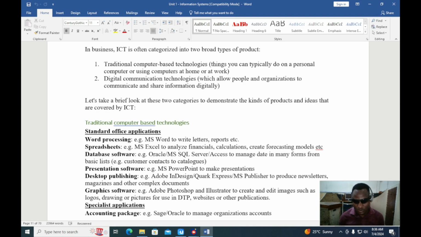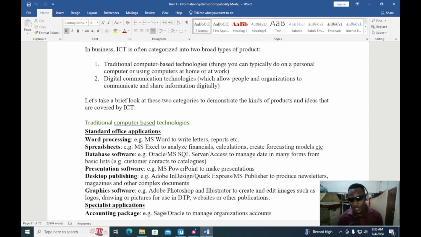Then we have the digital communication technologies, which allow people or organizations to communicate or share information digitally, with other people and other organizations.